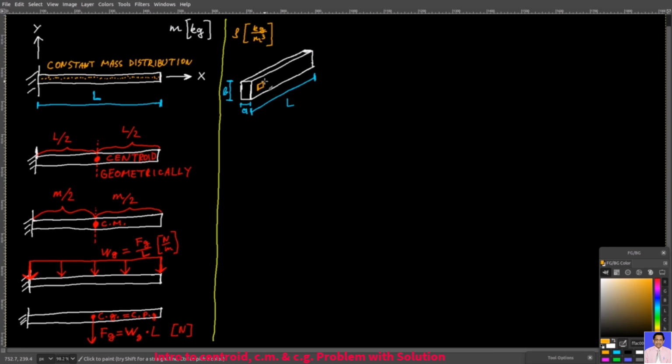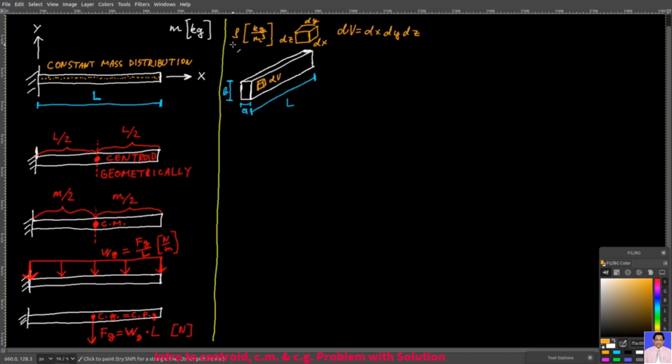So if I take an infinitesimal unit volume, dV, which I can also draw here, and so I could say that this side is dx, this side dy, and this side dz, then the differential volume dV would be dx times dy times dz.